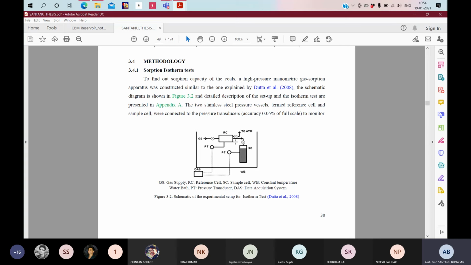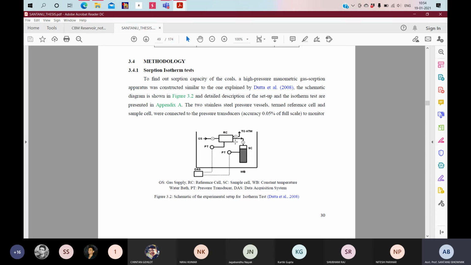Then we assume that this particular stage has reached its fixed gas storage capacity. Further absorption is not allowed; at this pressure, the coal sample inside the sample cell is saturated with the gas. So no further gas can be added, and we proceed to the next step.